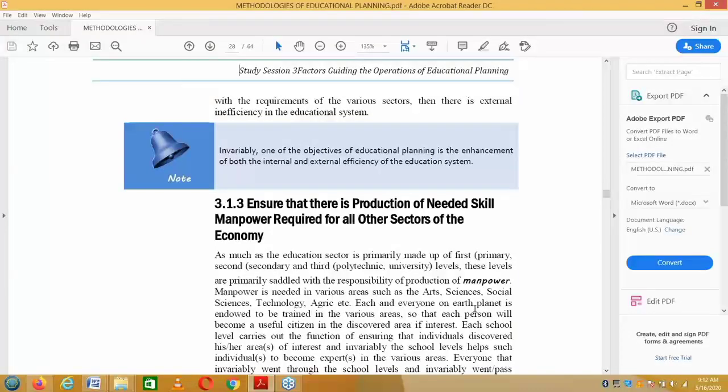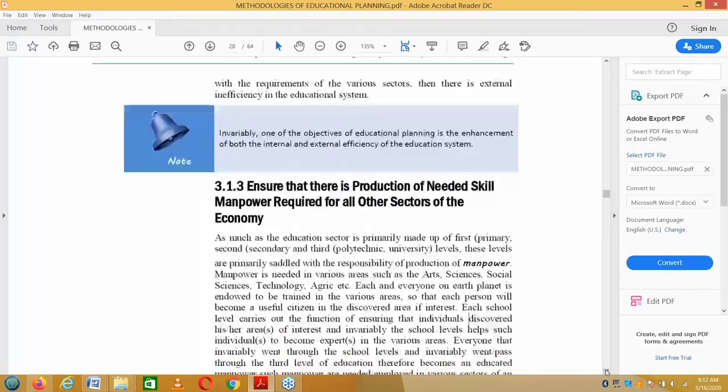Each school level carries out the function of ensuring that individuals discover his or her areas of interest. The school levels help such individuals to become experts in the various areas.